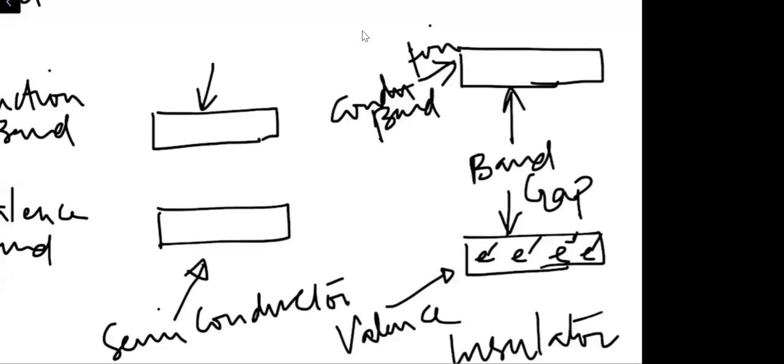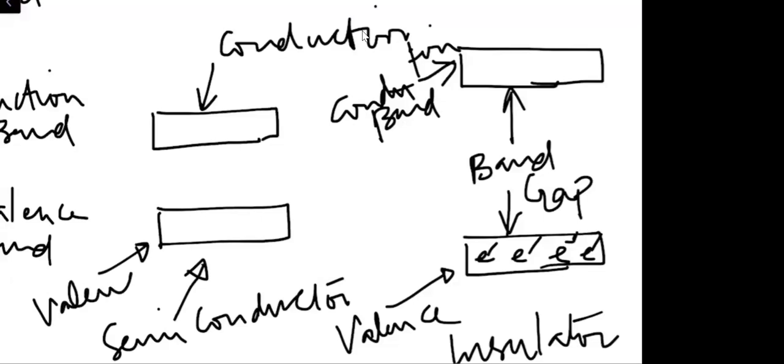the conduction band and the valence band, okay, the band gap between that of the conduction band and valence band is actually in between that of the conductor and the insulator, right?